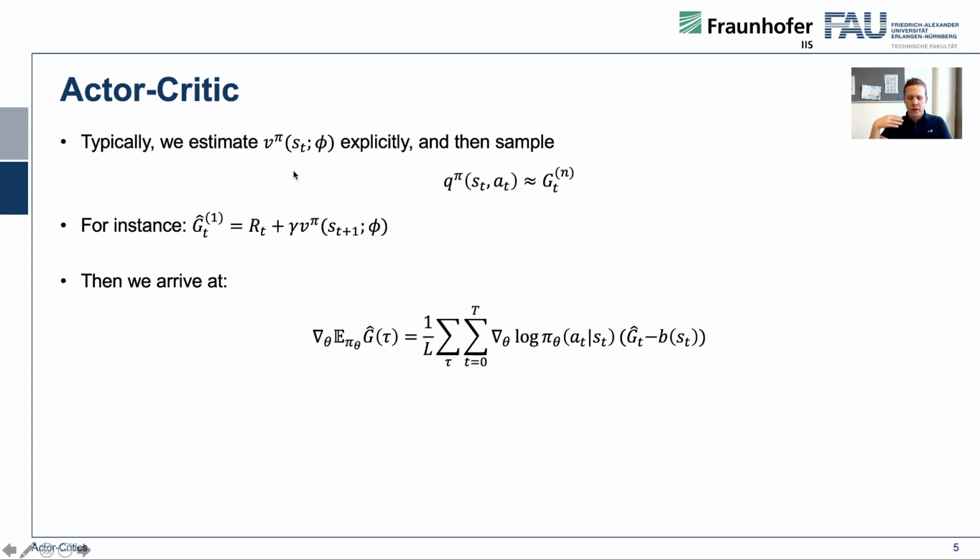So actually, if we have a good approximation for our state value function, what we then can do is approximate the one-step return easily by taking the immediate reward we get plus some discount value times the value of the successor state that we actually end up in.